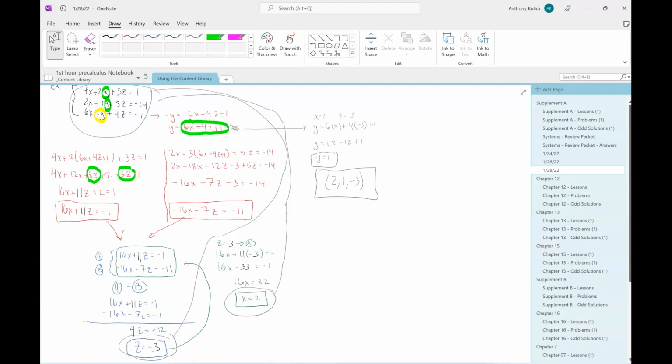I then solved that new 2 variable system using either substitution or elimination. In this case, I used elimination to get one of my answers. I then took that answer and plugged it back into a 2 variable equation to get a second answer. And then I took both of my answers and plugged them back into any of the 3 variable equations to get the third.